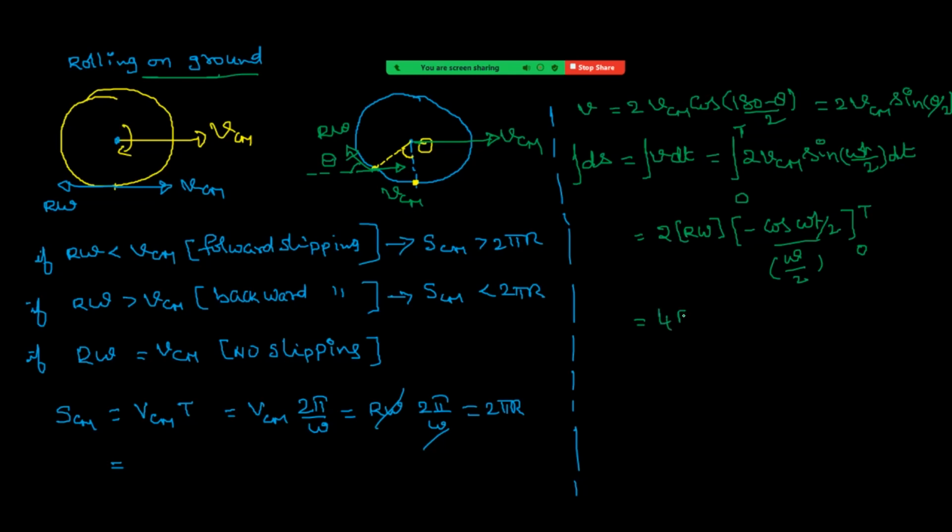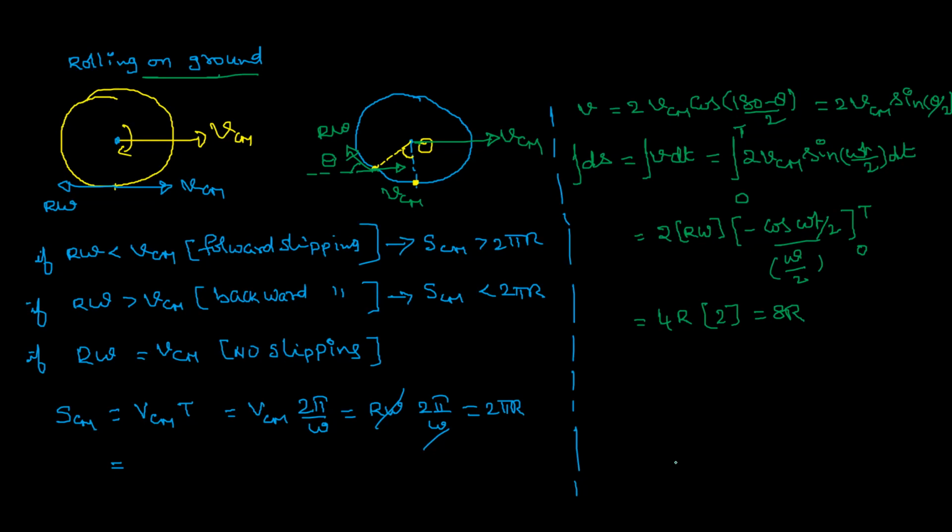Omega is cancelled, 4R. Having here minus cos omega t by 2. Take the upper limit, it becomes cos pi, minus 1. Take the lower limit, it is 1. This value is now 2. So this is now equal to 8R. So the length of the path followed by a point on the circumference during one rotation is 8R. And that path's name is a cycloid.